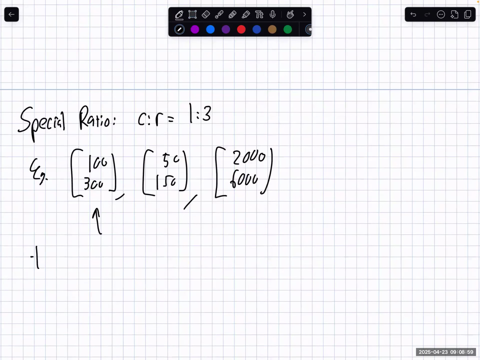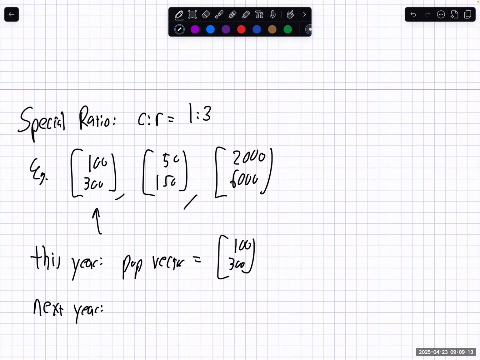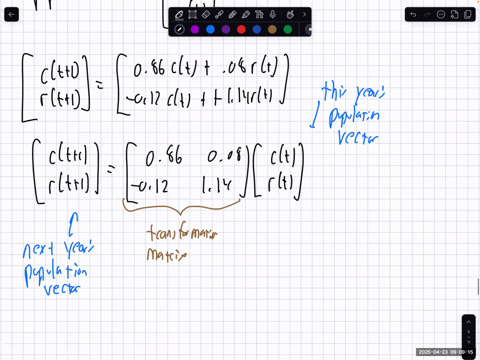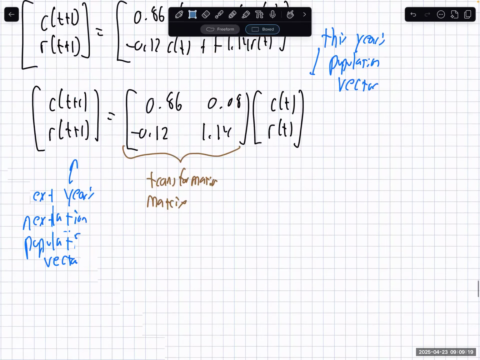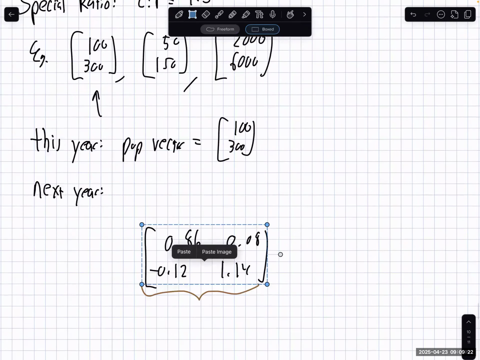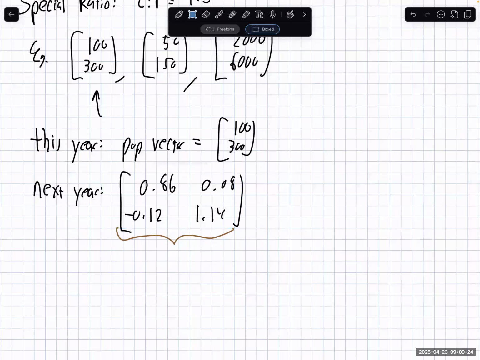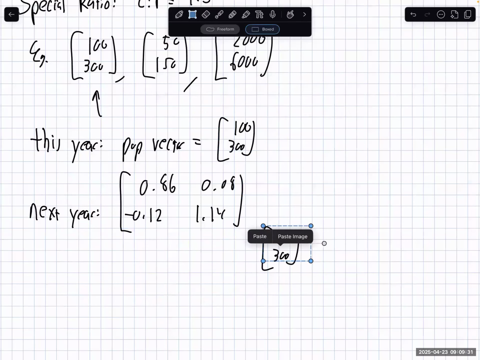So let's look at this one. This year we have 100 coyotes and 300 roadrunners. The next year, we apply this matrix to this input.